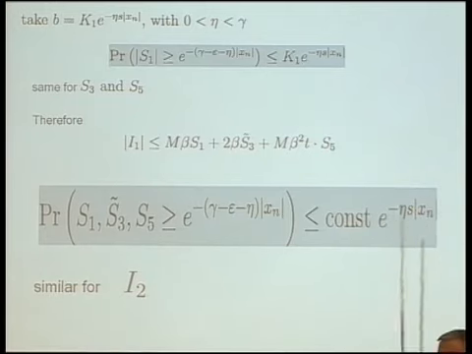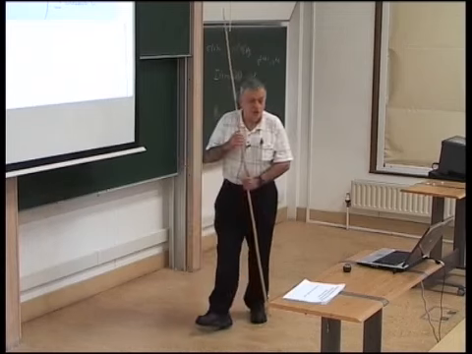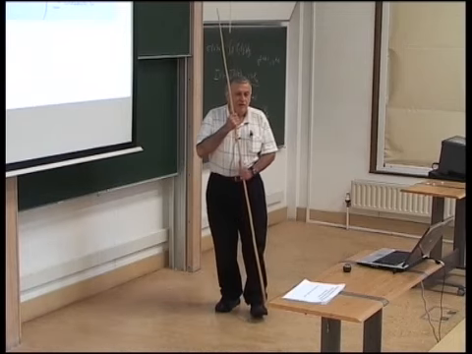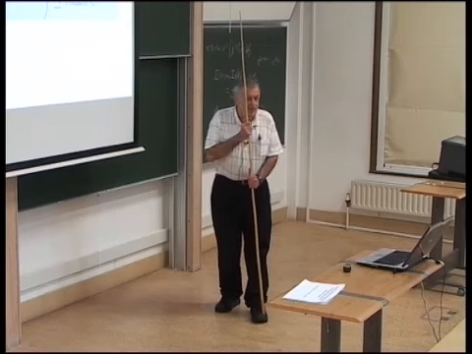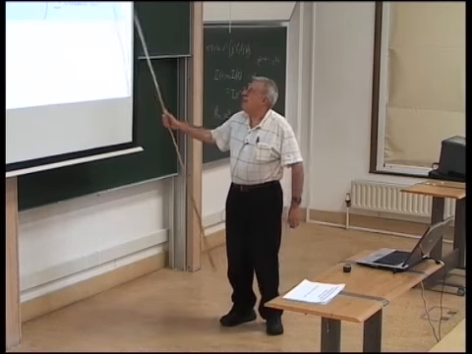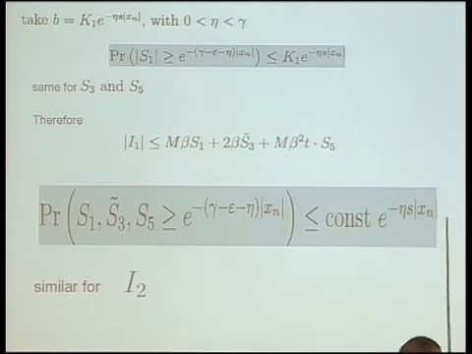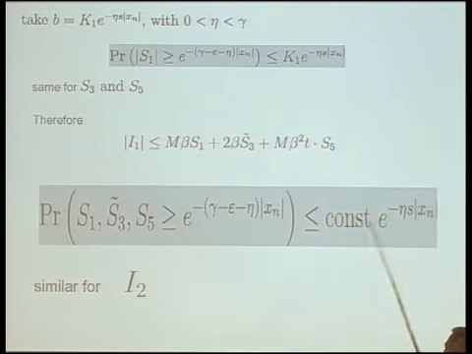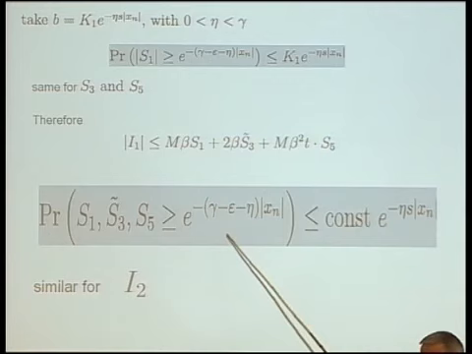Now eta is something that you have the freedom to choose, but you cannot make it larger than the inverse localization length. So you can play with this, and you show that the probability to violate this bound is exponentially small.